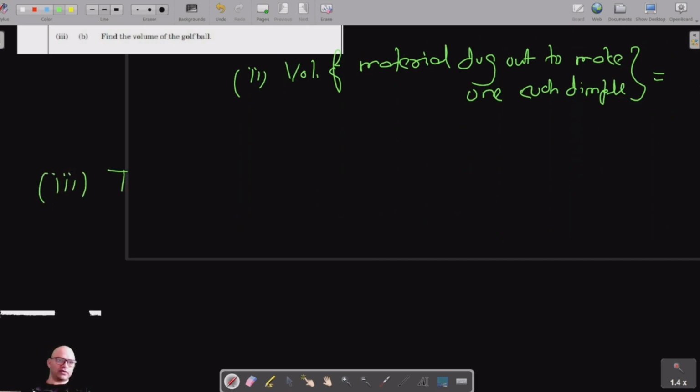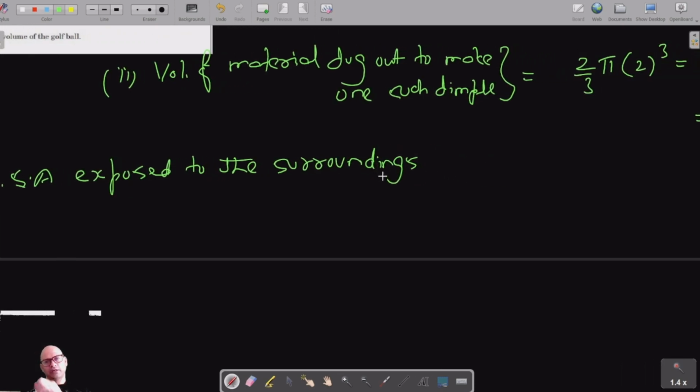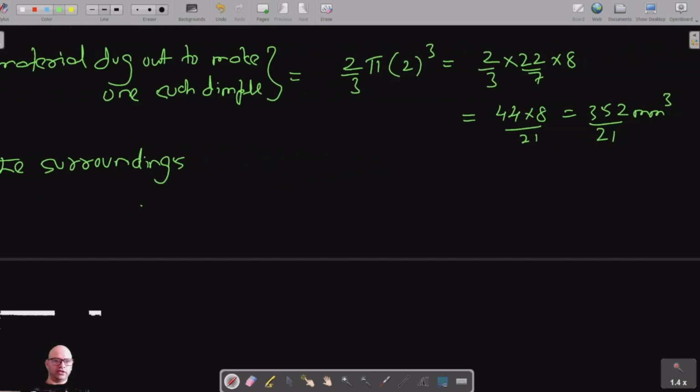So the total surface area exposed to the surroundings is equal to the total surface area of the ball, which is 4 pi, radius is 21, square, plus the surface area of the hemispherical dimples, which are 315 in number, 2 pi r square, where 2 is the radius.